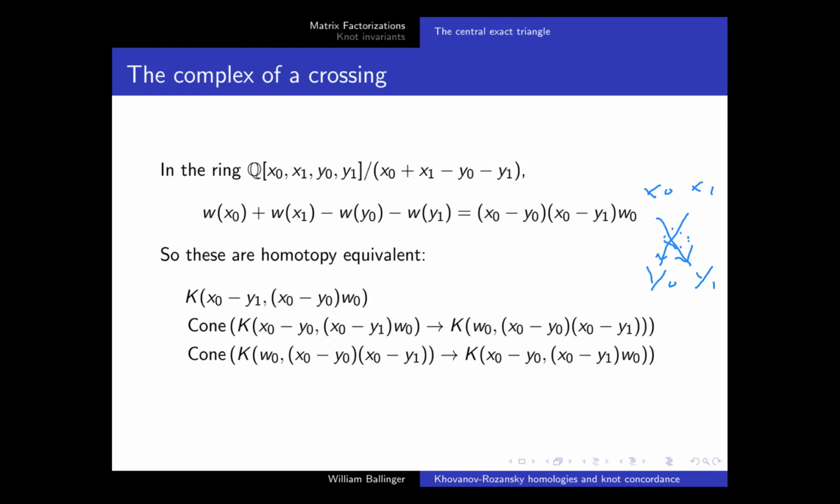So we can express this as a mapping cone. Similarly, one corresponds to a pair of vertical arcs that don't cross each other, this first one here. And the second one we're going to call this wide edge, or this two-labeled edge. So we have a decomposition of this virtual crossing as a mapping cone from the resolution of the crossing to this singular resolution, and also one in the other direction.